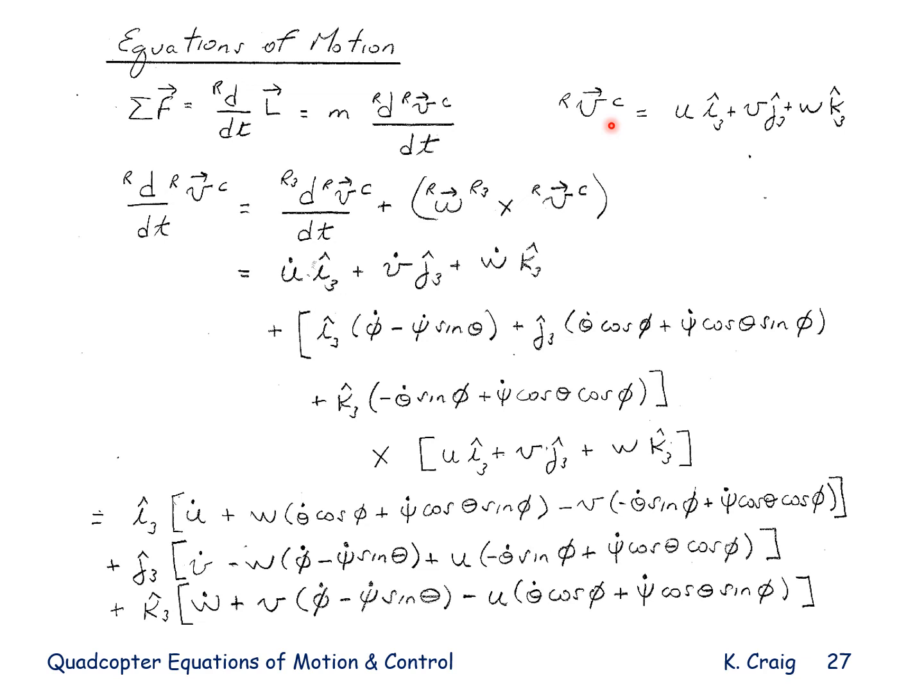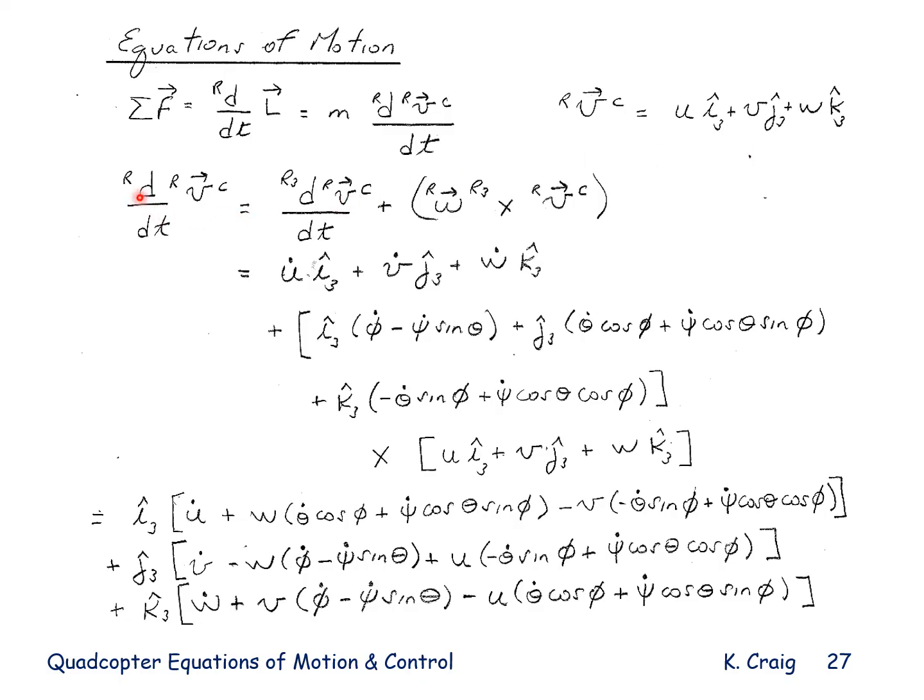I express that absolute velocity in terms of the body fixed axes with components u, v, and w. And the unit vectors are unit vectors in the body fixed reference frame.